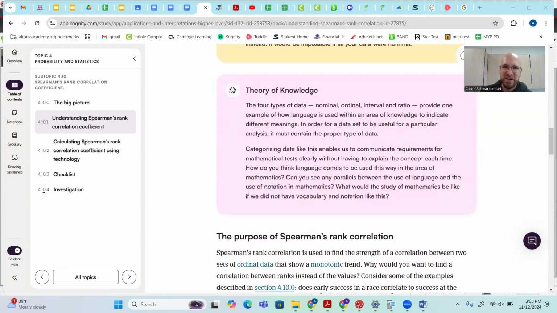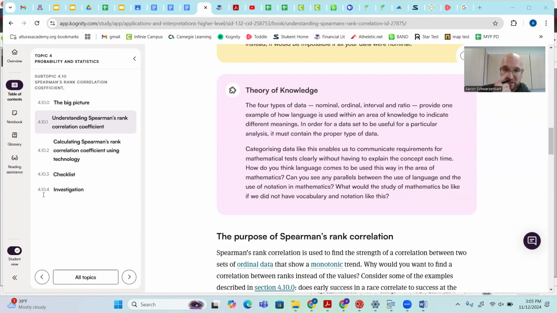The four data types, nominal, ordinal, interval, and ratio, provide one example of how language is used within an area of knowledge, the mathematics area of knowledge, to indicate different meanings. In order for a data set to be useful for a particular analysis, it must contain the proper type of data. Okay? And knowing these and what they mean, it's not just an English definition.